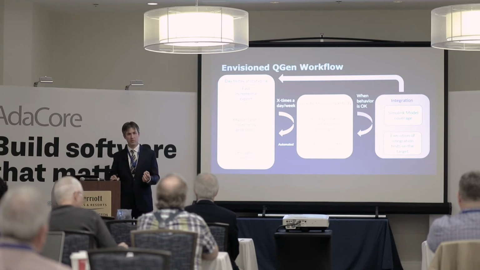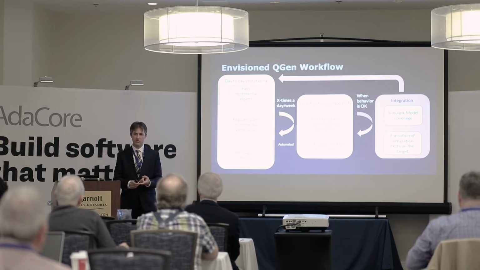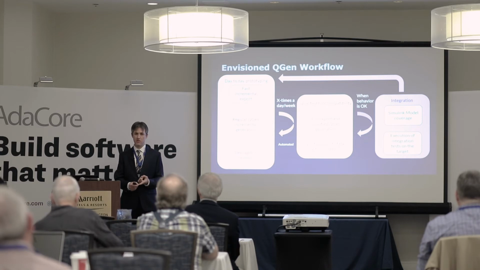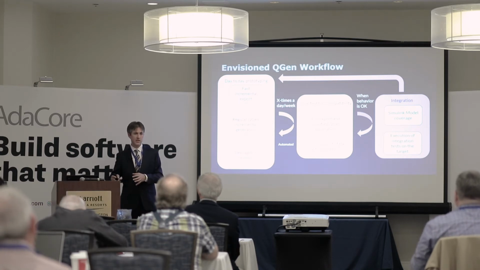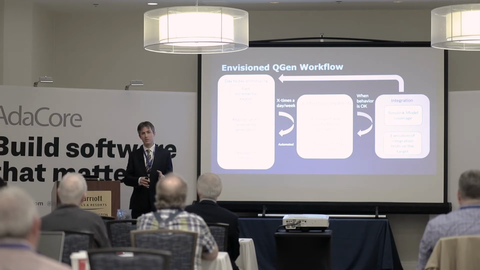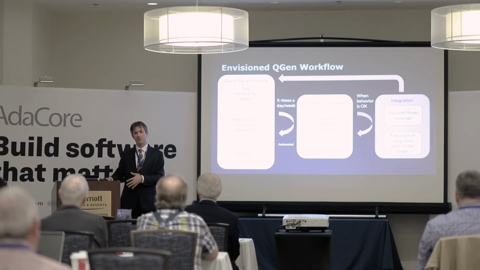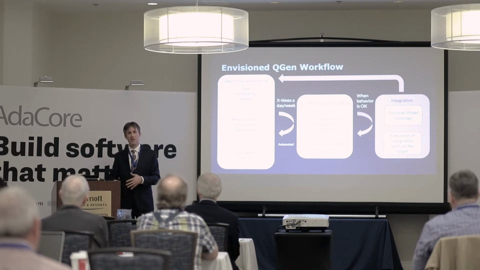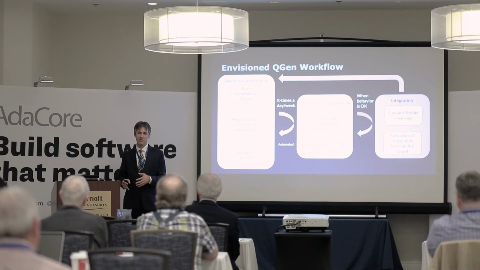So this does two important things. So first of all, while QGen is a qualified code generator, and we promise that the source code matches the model, it's very likely that you're not then going to use a qualified compiler to generate your executable object code. So this step of rerunning your model-level test cases on your executable object code enables you to detect if the compiler has injected any errors.